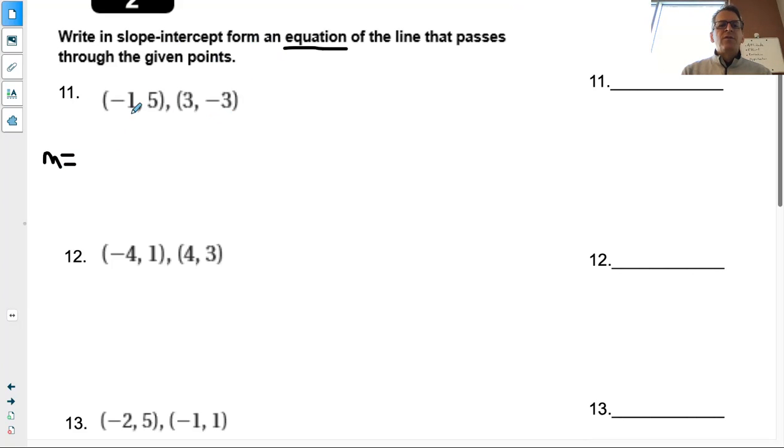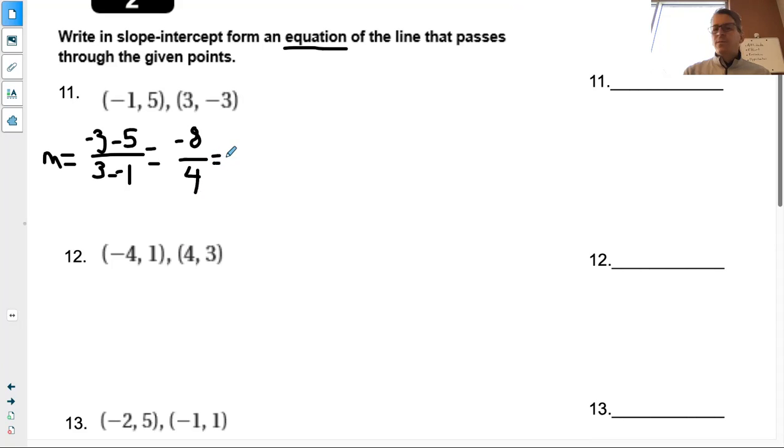The slope of these 2 points would be -3 minus 5 divided by 3 minus -1. -3 minus 5 is -8. And 3 minus a -1 would make it adding a 1, which would be 4.